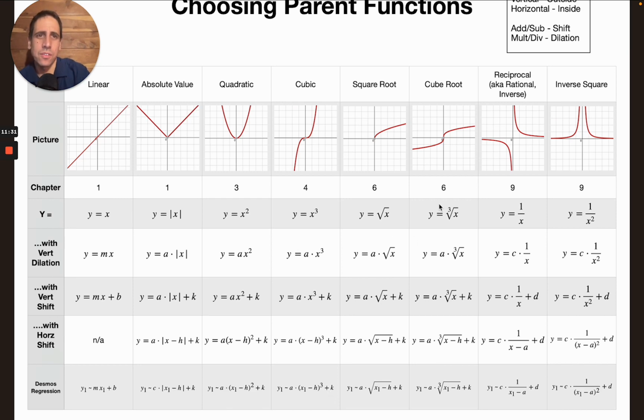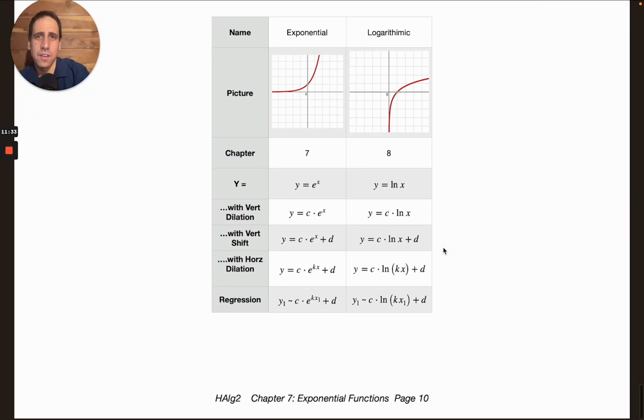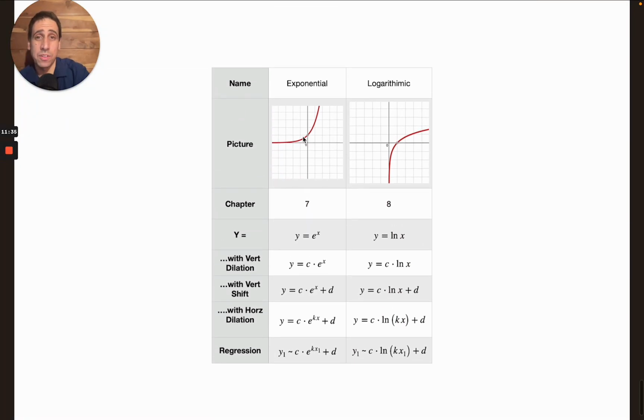Now, let's take a look. In this next upcoming project in Chapter 7 or on the final exam, I could be giving you data that is exponential in nature. So the parent function is y equals e to the x. And I know that might still feel a little awkward to have an irrational number like pi or like e as a base.